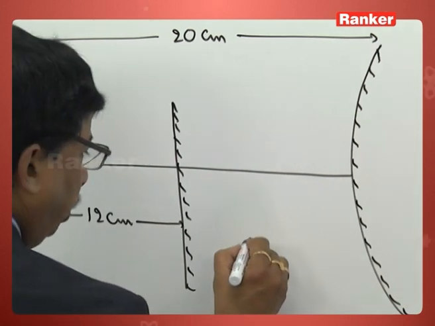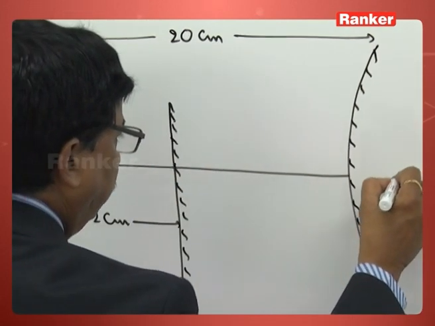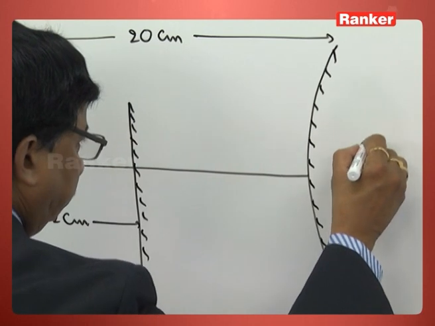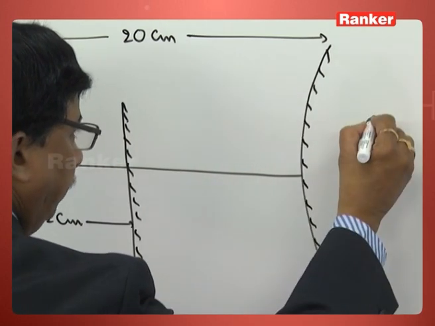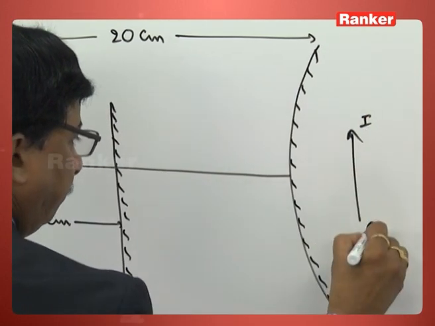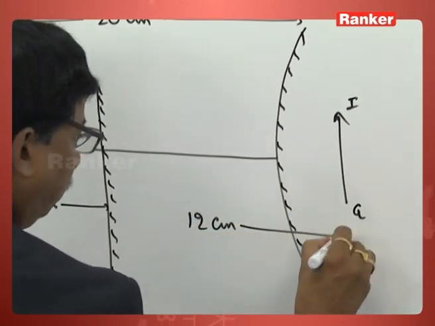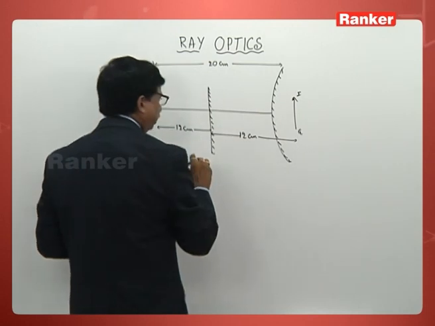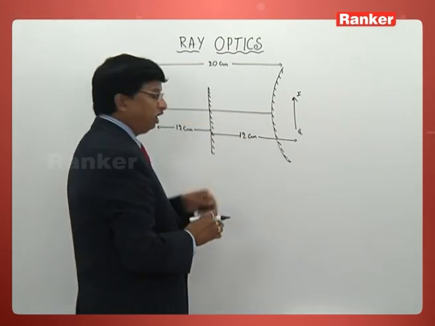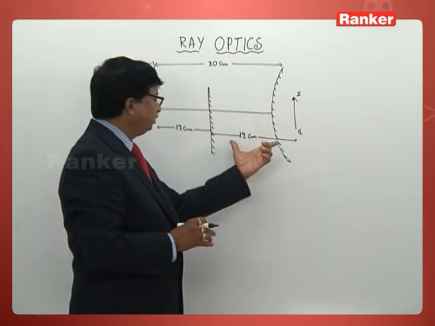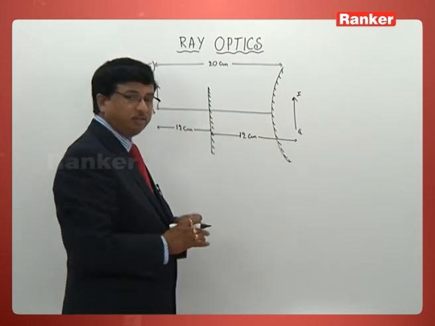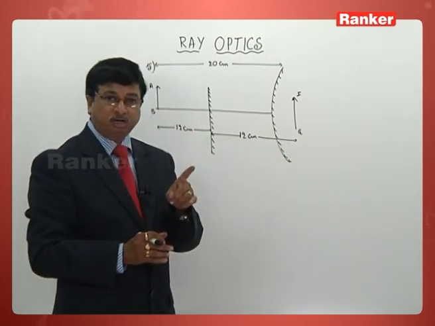That means certainly you will find its image is going to be formed somewhere here. This is the image I. At what distance will it be formed again? Exactly at 12 centimeter you will get the image distance, because for a plane mirror, object distance and image distance with respect to the mirror are equal.